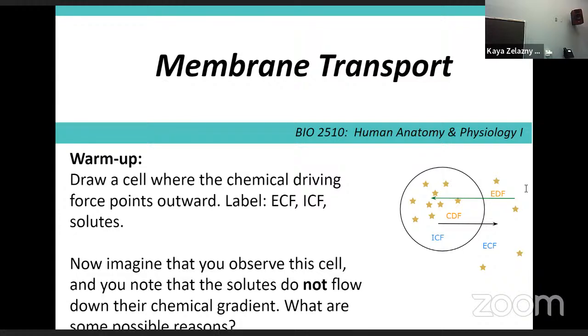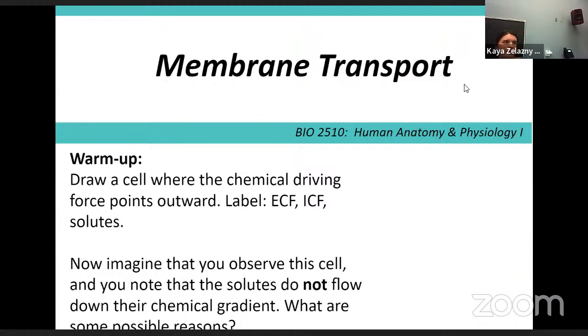Remember when we talked about our membranes as being selectively permeable? So in order to have solutes flow, our membrane has to be permeable to that solute. So when we're thinking about things with electrical charges, for example, we would need to have membrane proteins that make that membrane permeable to that molecule. That's just a kind of touch back on the membrane topic.